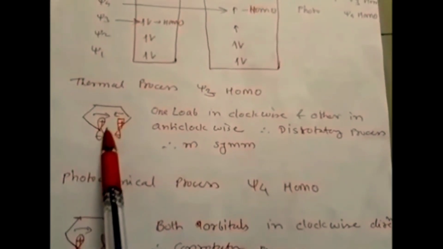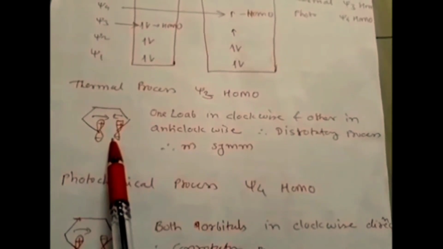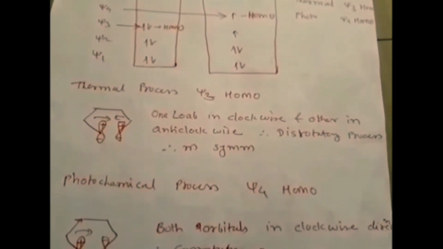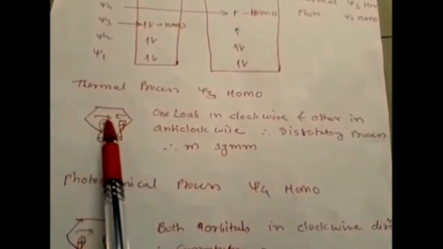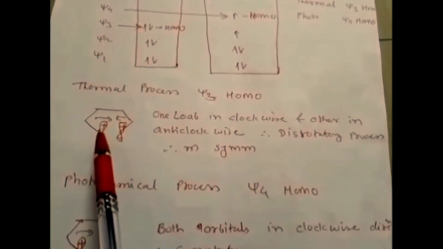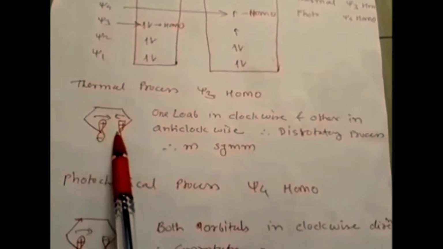So this one is a mirror plane symmetry. And this process is a disrotatory process because one orbital is to be rotated in clockwise direction, whereas the other in anti-clockwise direction. That's why this is a disrotatory process. So thermal process is a disrotatory process.